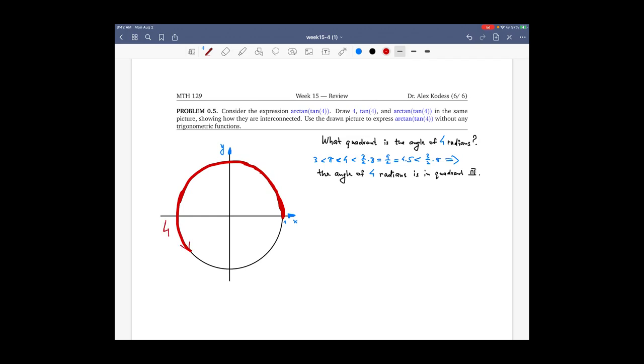That's 4. Now, where is tangent 4? Tangent 4 is here.